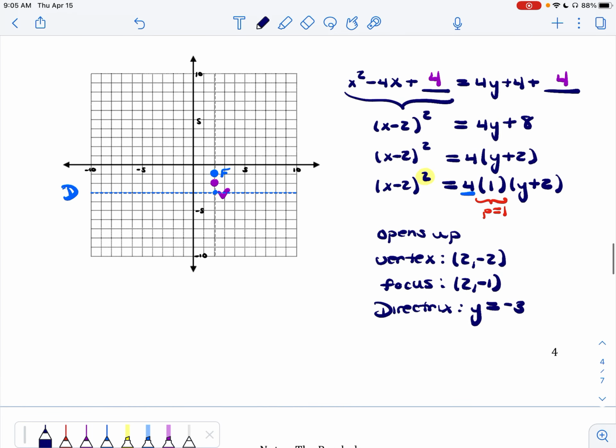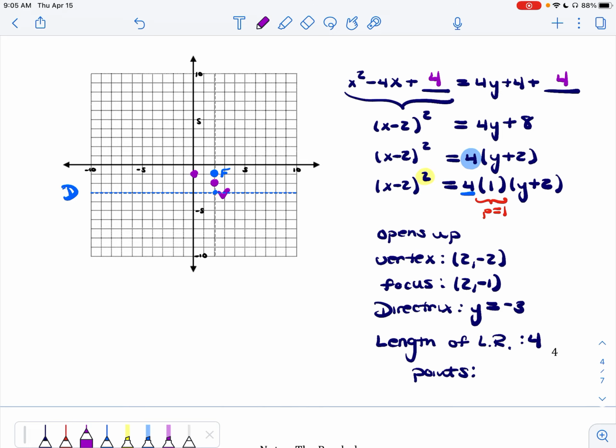And then lastly, for the latus rectum, the length of the latus rectum is equal to 4p. So in this case, that's 4. And the length of the latus rectum is 4, which means from the focus, we're going to go 2 units left and 2 units right to find the points on the latus rectum.